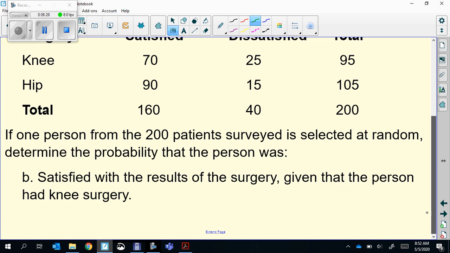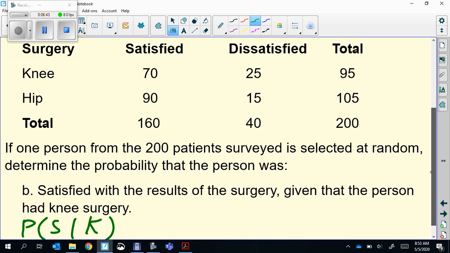Same situation. Determine the probability the person was satisfied with the results of the surgery given that they had knee surgery. So satisfied given knee surgery.